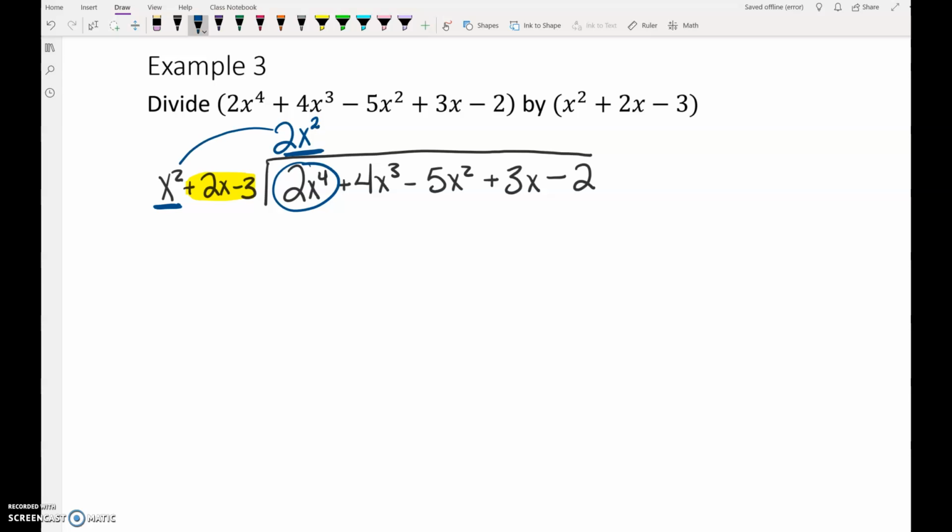Now distribute to all 3 of these and write all 3 of them underneath. So 2x squared times x squared is 2x to the 4th. 2x squared times 2x is 4x to the 3rd. 2x squared times negative 3 is negative 6x squared.